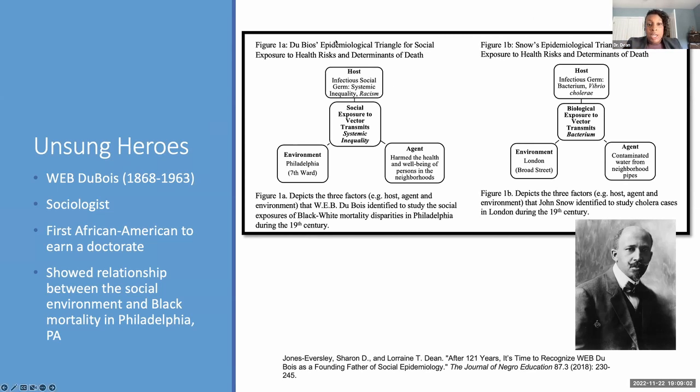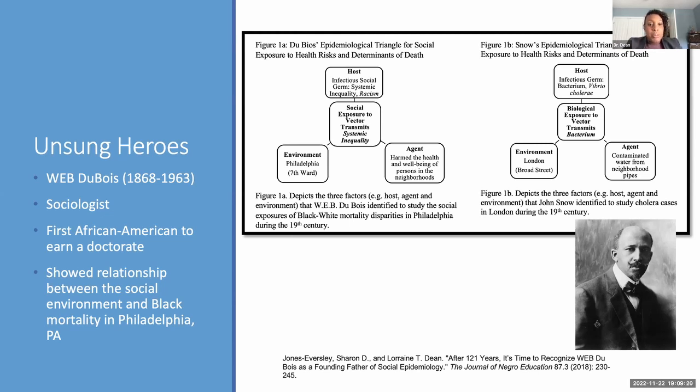And in our paper, we contrasted that with what Jon Snow did, that they essentially did very, very similar things. Yet, even though Jon Snow is heralded as the father of modern epidemiology, W.E.B. Du Bois doesn't really ever get recognized as the father of social epidemiology, as we believe he is.